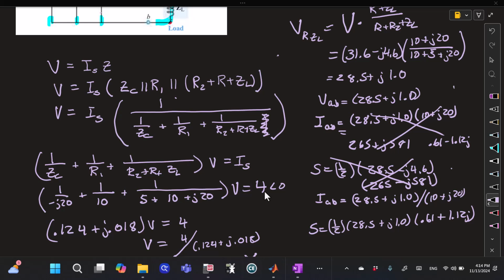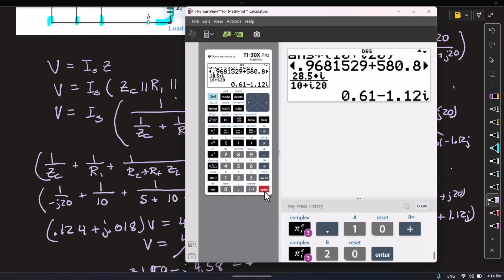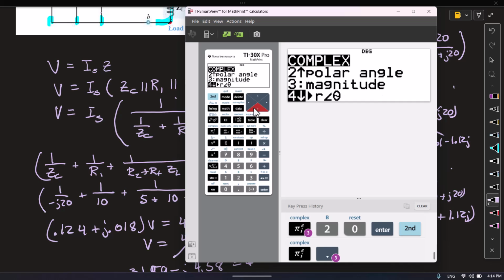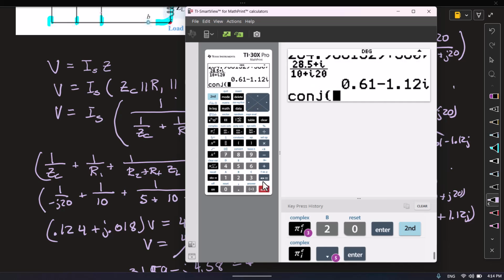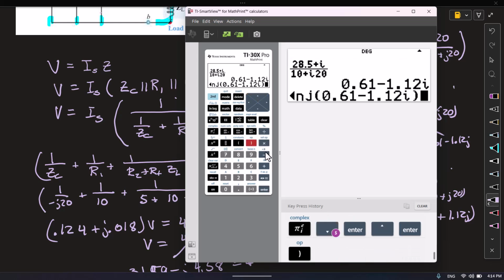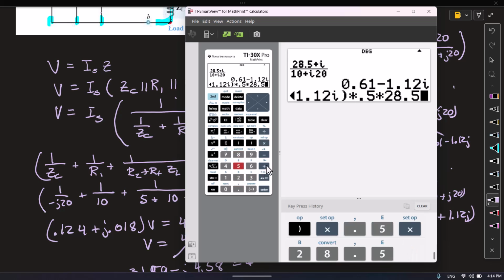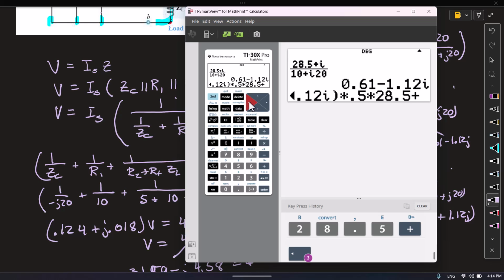Now it's usually not worth it because typing in the conjugate's not that hard, but in the complex number menu, second complex, there is conjugate. So I could just say, take the conjugate of that last answer times 0.5 times, what was the voltage? 28.5 plus J1.0. Okay, so I need to put that in parentheses.